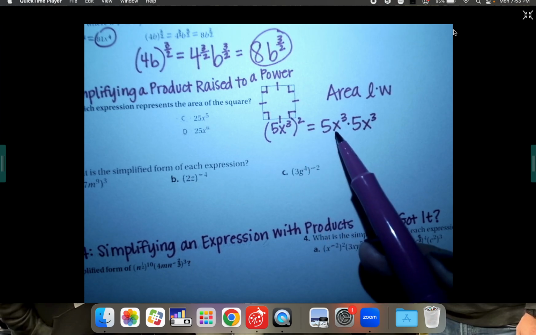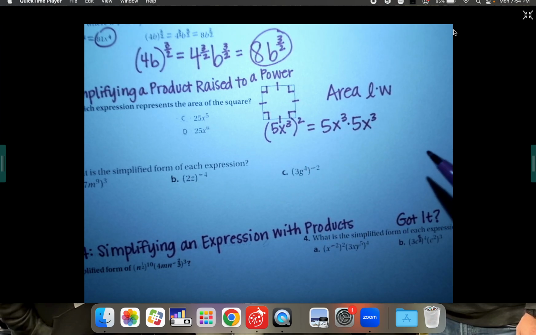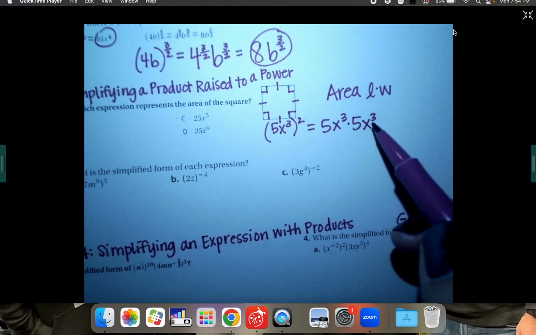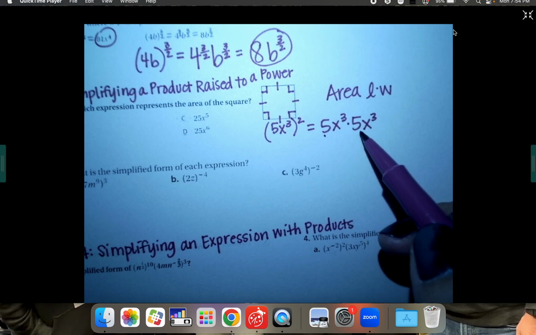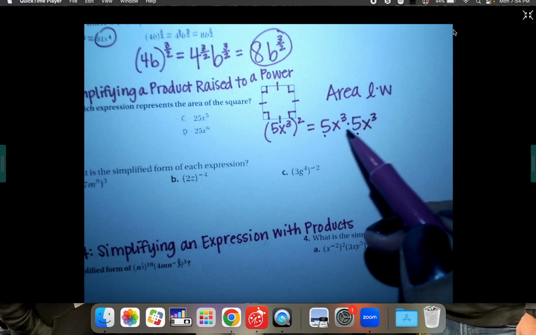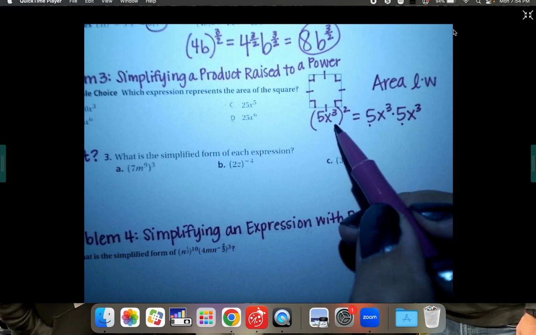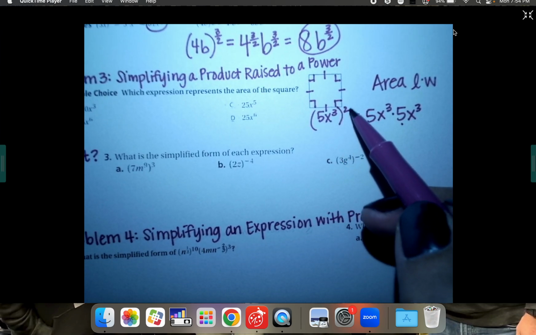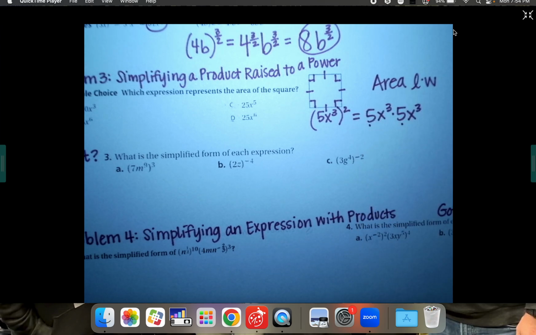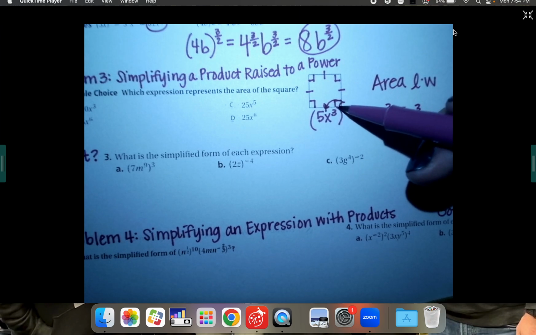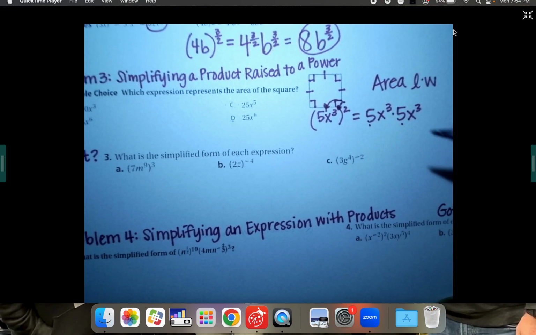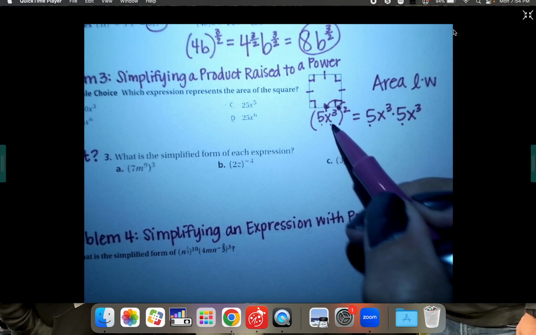So since I've got 2 of them, this way we did yesterday, so we don't really need more practice on that. You would multiply your coefficients first and then add exponents when the bases are the same. But I want to do it kind of the way we learned today. You would take your little 2, your squared, and basically I'm just going to use the word distribute it to both sets of bases that are inside the parentheses.